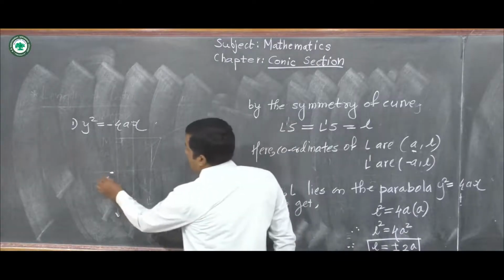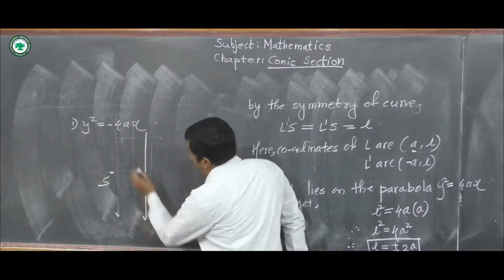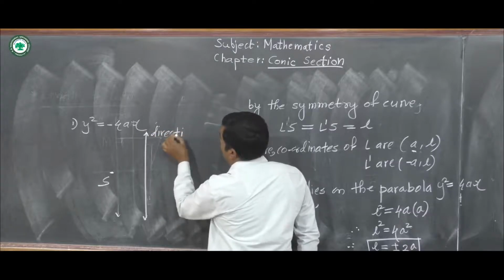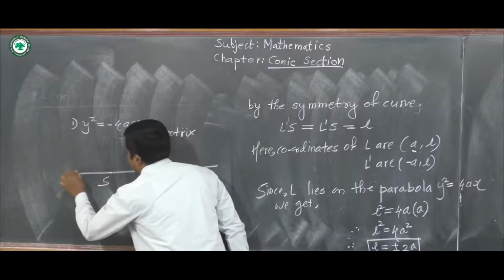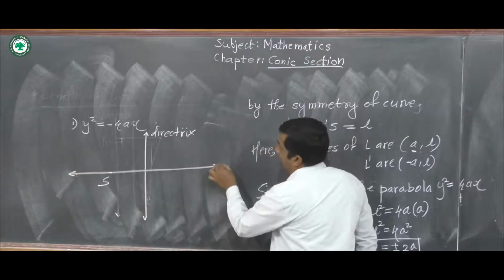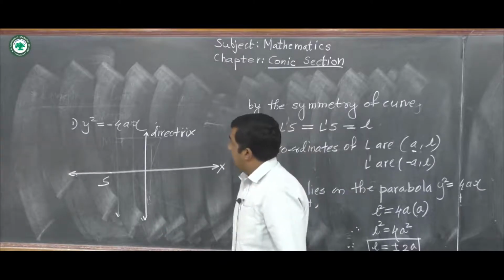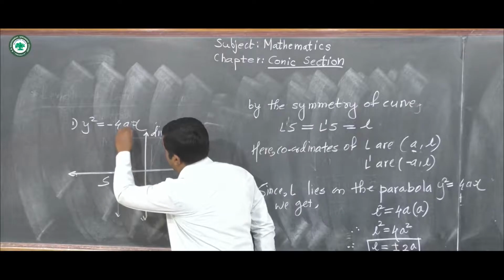This is our focus S. We consider the directrix. This is our directrix. Then we consider the coordinate axis. Suppose this x-axis passes through the point S. Then we consider the y-axis.